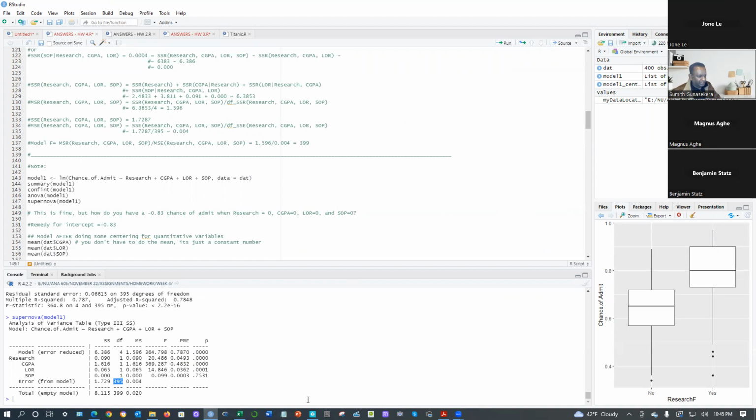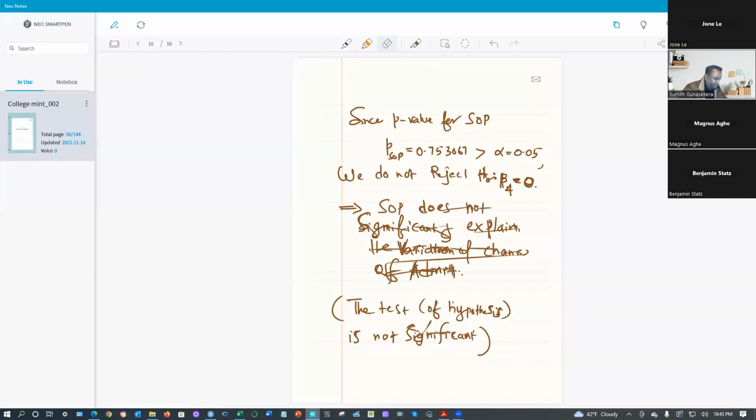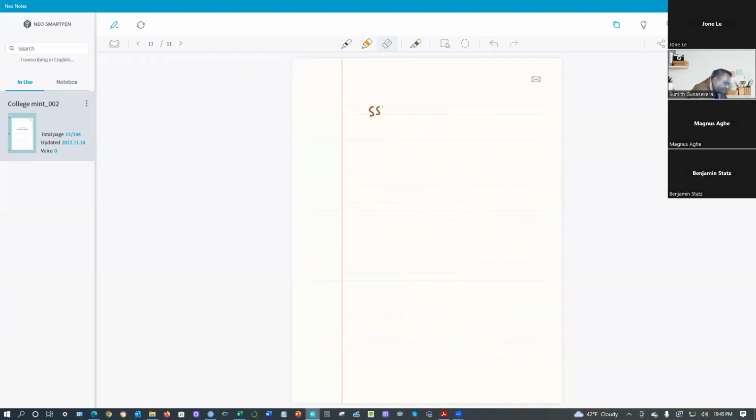You normally know that one, okay? Like this one, and we can see. You can say sum of squared regression divided by degrees of freedom of regression will give you mean squared regression in this one. And in a similar fashion, mean squared error means sum of squared error divided by degrees of freedom of error.